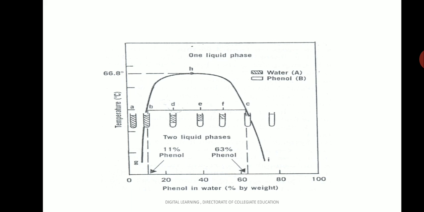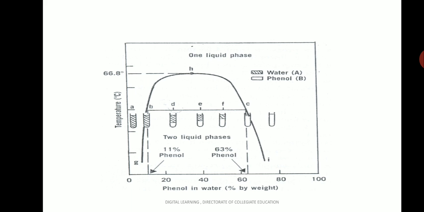So, at 50 degrees Celsius, we have an aqueous phase saturated with 11% phenol, shown as point B, and a phenolic phase saturated with water containing 63% phenol, shown as point C. The line BC drawn across the region containing the two phases is called a tie line.